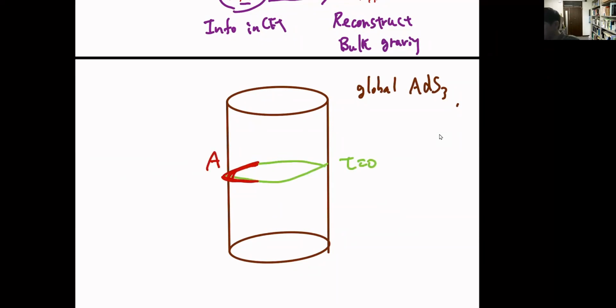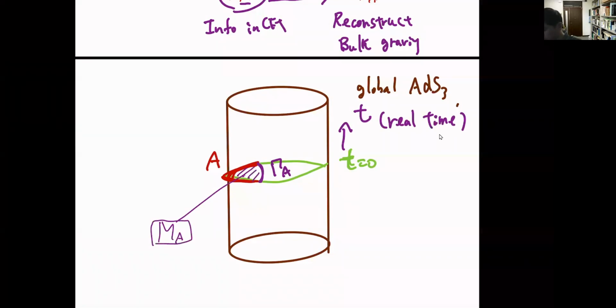And then you have gamma A. Now we include the time direction, this is real time, so I should write t. I'm talking about Lorentzian AdS. In that case, this is MA, the entanglement wedge, but actually this is not the precise entanglement wedge.